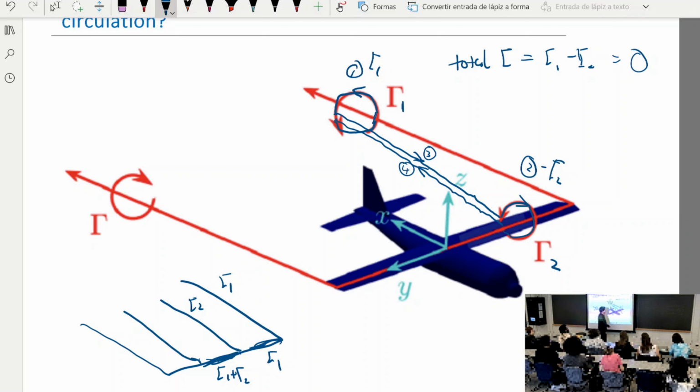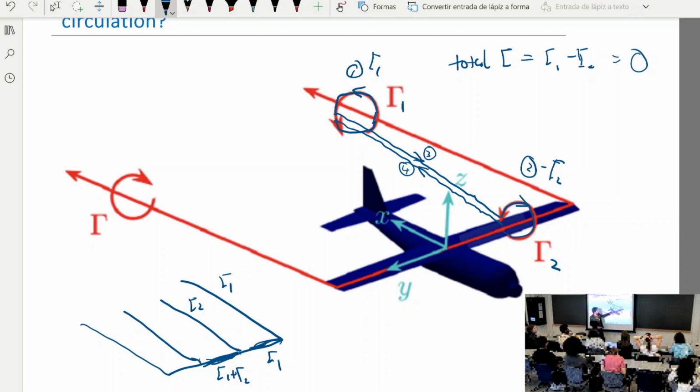How did I determine the sign of gamma 2? Because the original, if you follow the red contour, we are integrating this way, right? We are integrating in a way that goes from the back of the trailing edge, lower, then front of the leading edge, upper, and then back. So that's the direction of dl when I'm integrating to get gamma 2. But when I'm getting the blue part, I'm integrating exactly in the opposite direction.